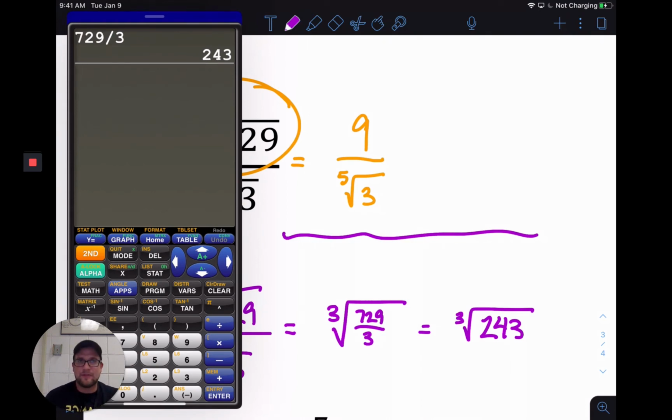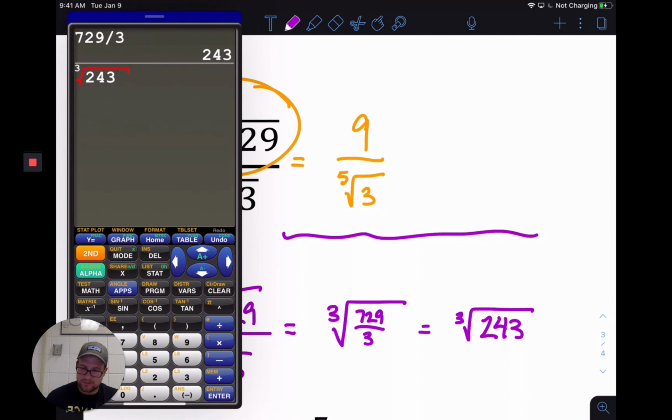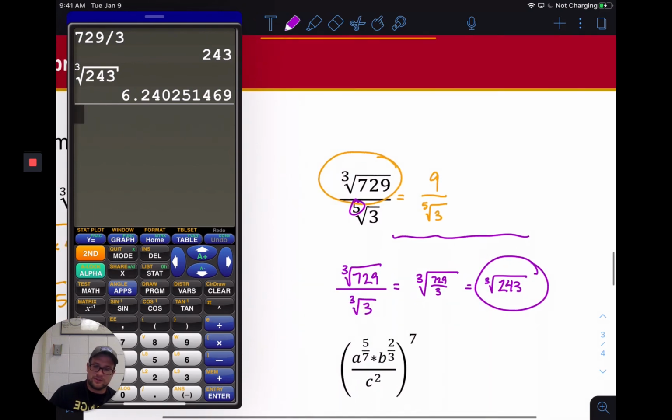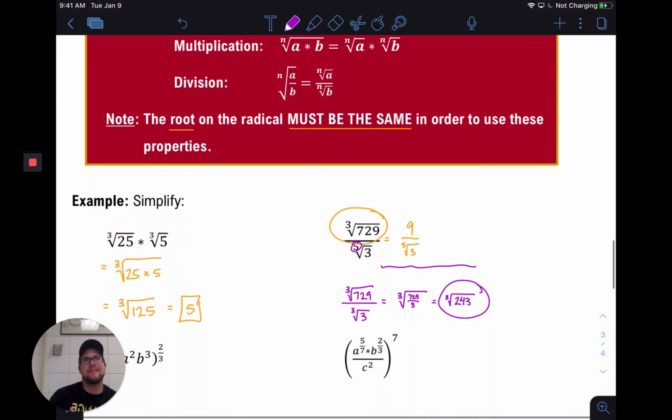So looking at the third root of 243, we don't get a nice number, but this seems like we're okay. Really what I want you guys to know is that rule: if those are the same, they could be put together in that way, and if they're different, they can't.